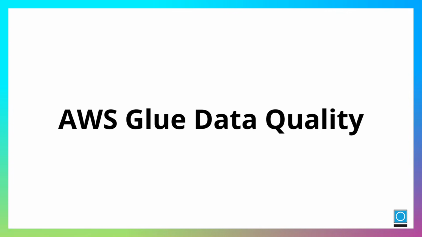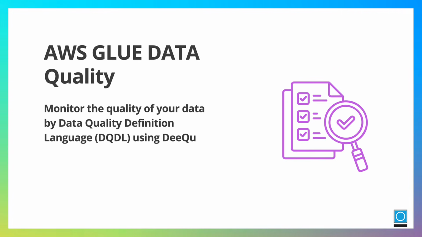AWS Glue Data Quality is a relatively new feature. In fact, it was marked with new when I'm filming this video, so you will see it marked with new when we're on the console. This helps you monitor the quality of your data by data quality definition language using an open source project called DQ. We can actually go into the console in a little second. You'll see it in action.